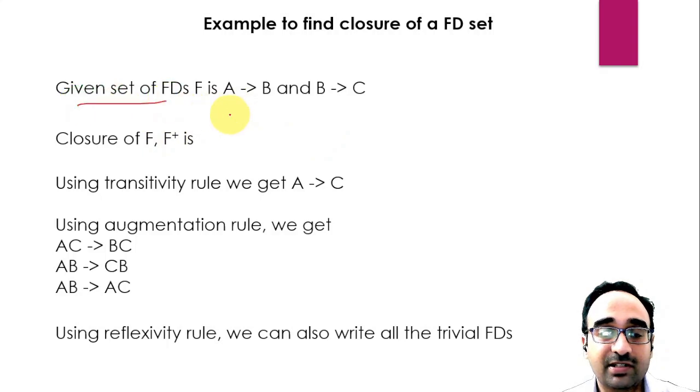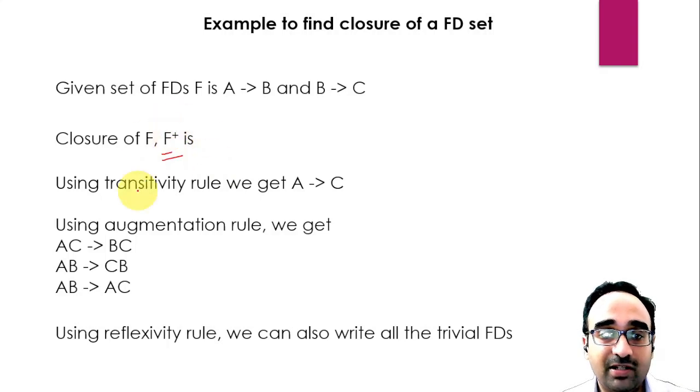Okay, fine. Now let's see an example. The given set of FDs are A derives B and B derives C. This set of FDs is given to you, and they're asking us to find F closure, or closure of F, which is represented with F plus.